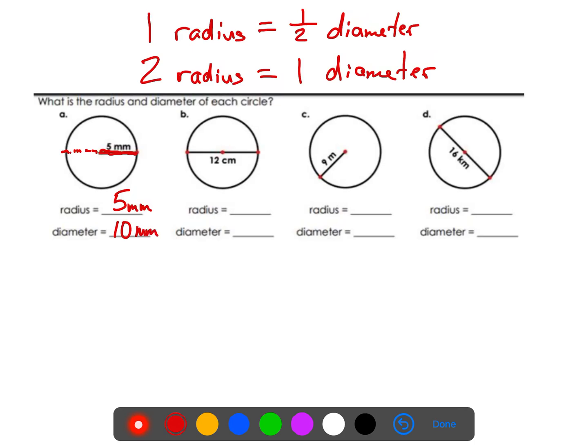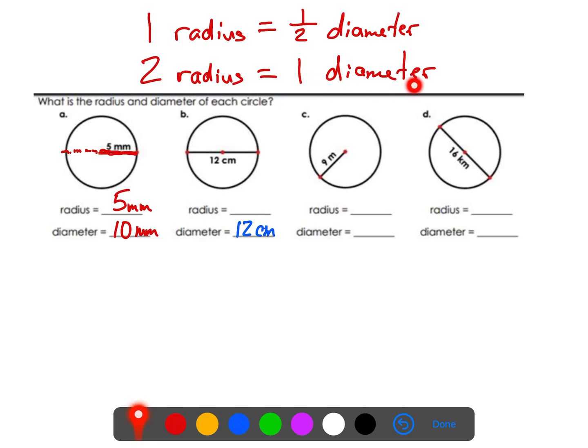For circle B, look at what we're shown here on the diagram. 12 centimeters is our measurement, and that is representing all the way across the circle from edge to edge through the center point. That's our diameter. Our diameter is 12 centimeters.